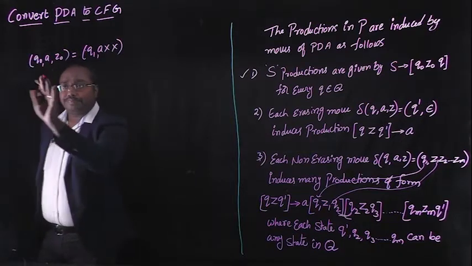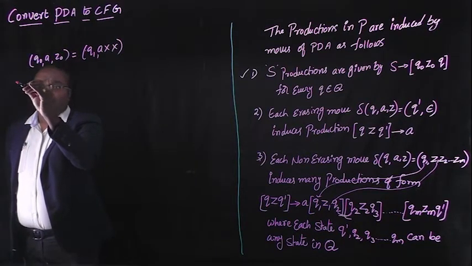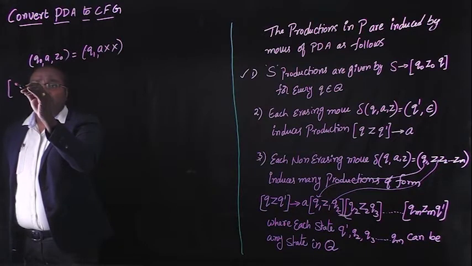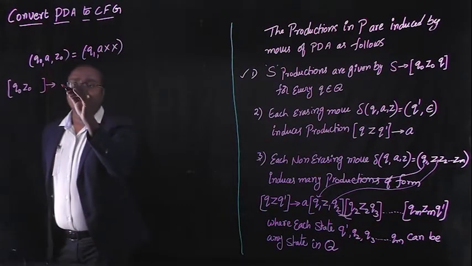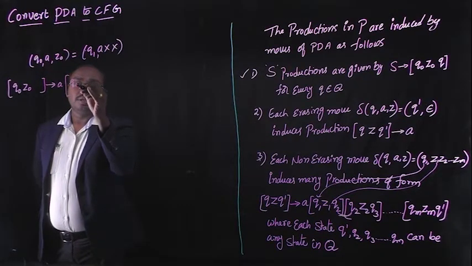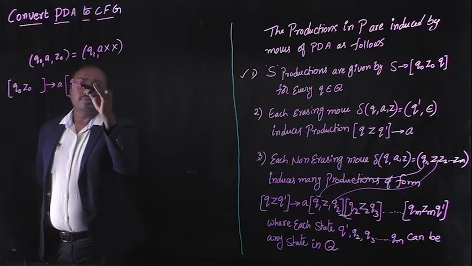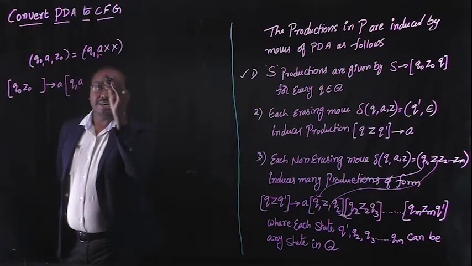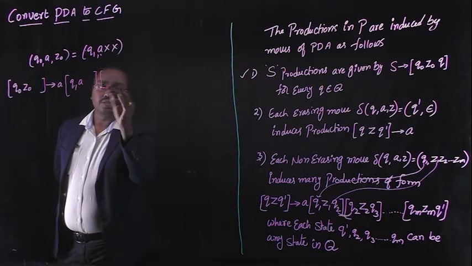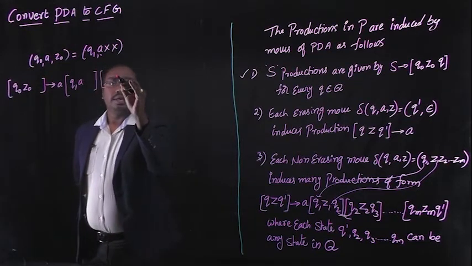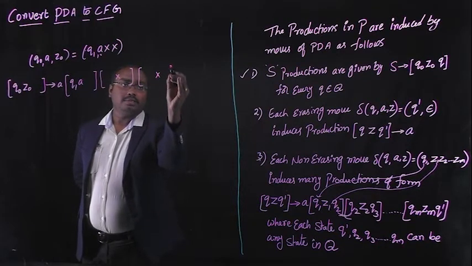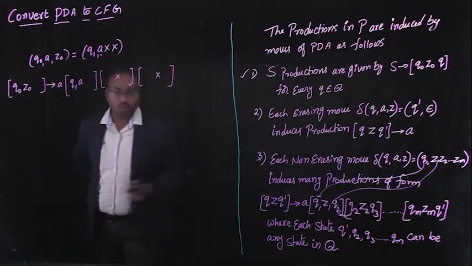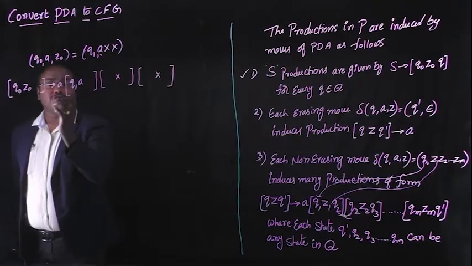For example, here I can write the production rules like q naught Z naught tends to input symbol A and state q1, and the first stack symbol is A, then next one X and X. So how to write the transition production rules?